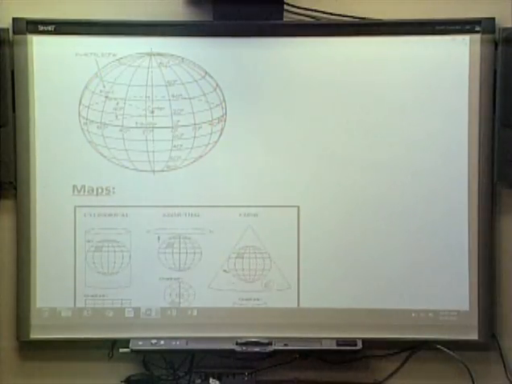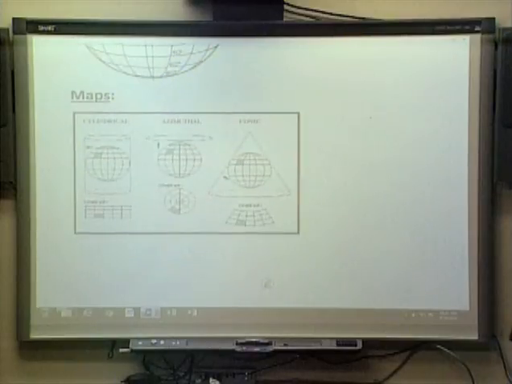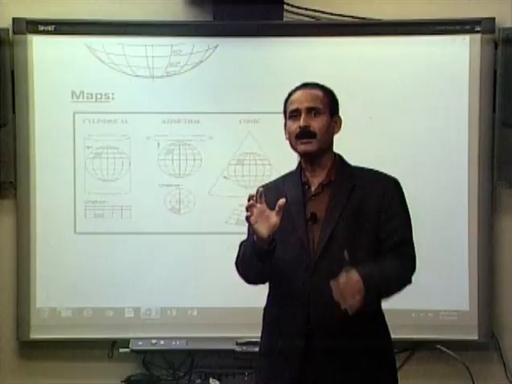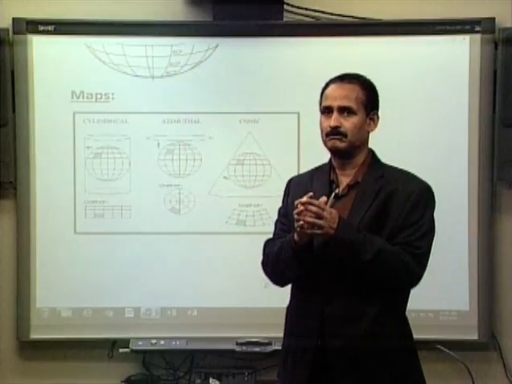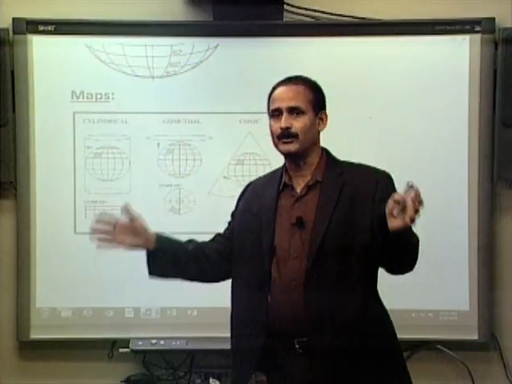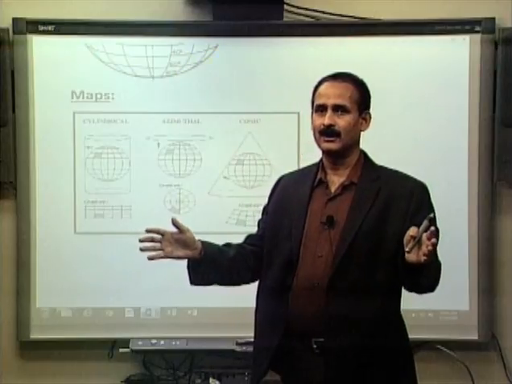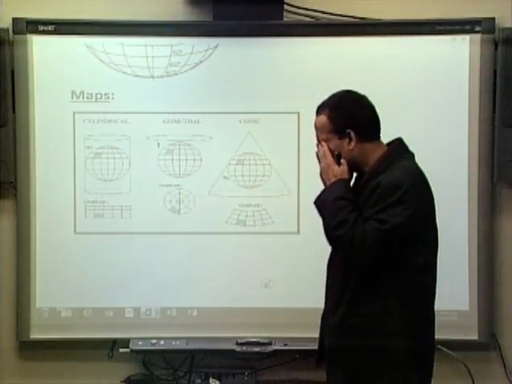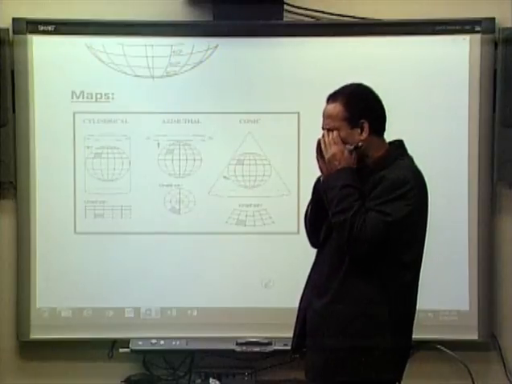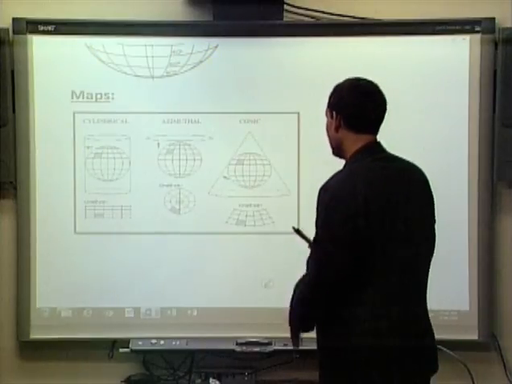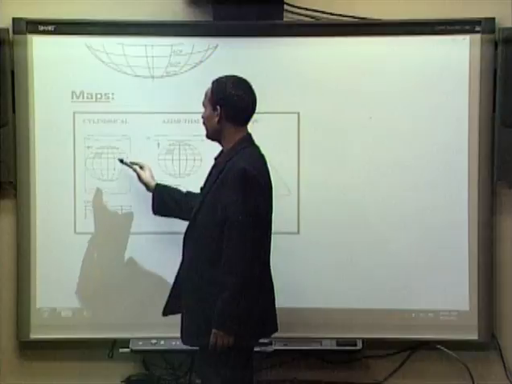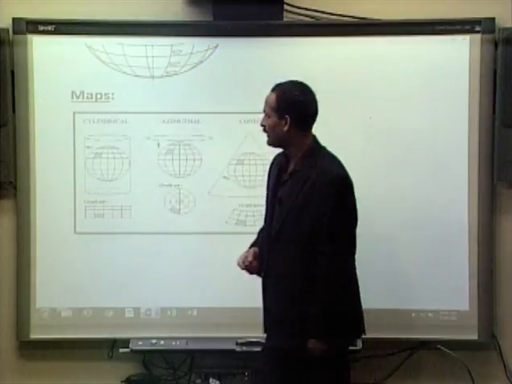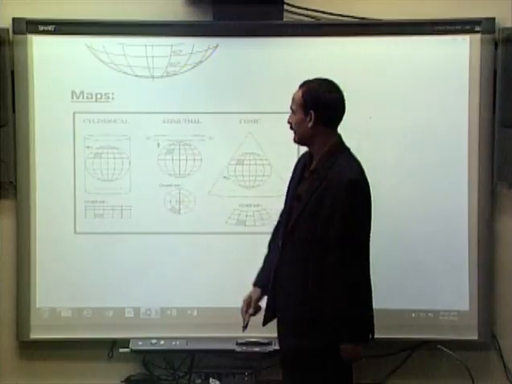Now, when we have a sphere, if we project the sphere onto some other objects, we get maps. There are a bunch of different methods of projecting. If we project a sphere onto a cylinder like this, that's called a cylindrical map.